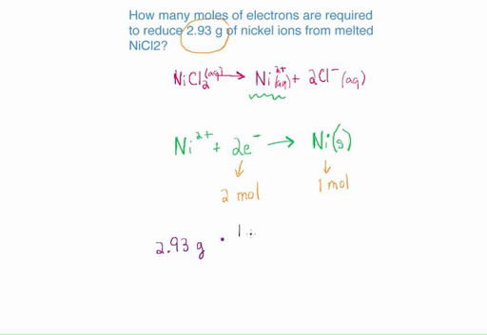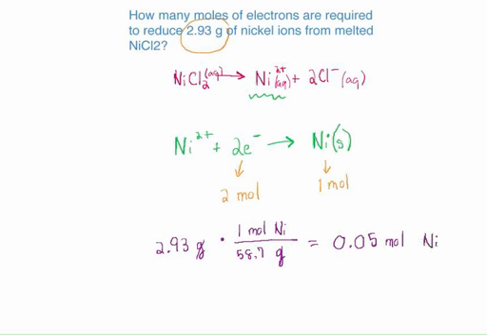I just looked at my periodic table real quick, and I found that 1 mole of nickel has been found experimentally to weigh 58.7 grams or thereabouts. And then I just did my calculation, and I found that that gave me 0.05 moles of nickel. Okay, easy peasy.